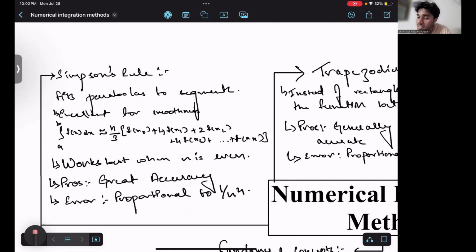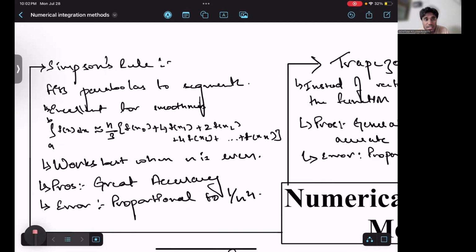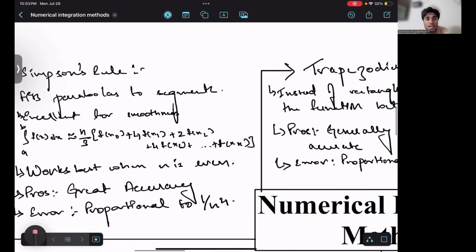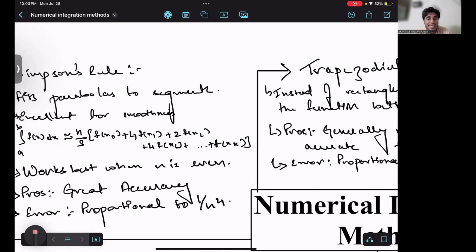So the formula for Simpson's rule is, for the integral of f of x dx from a to b, approximately equal to h by 3. That means the size of the interval by 3, whole into f of x0 plus 4 times f of x1 plus 2 times f of x2 plus 4 times f of x3 plus 2 times f of x4, and so on till f of xn.